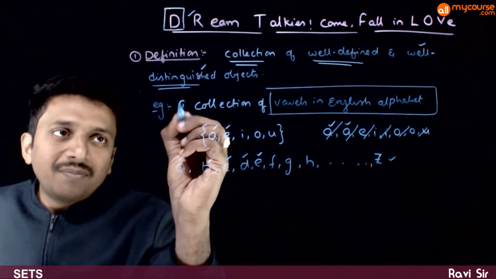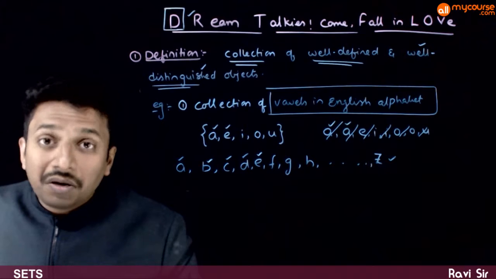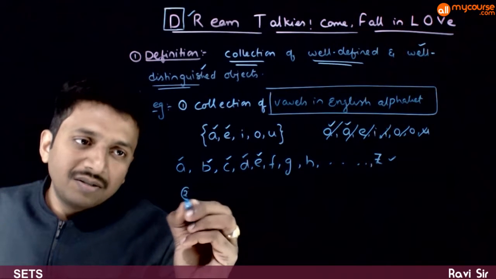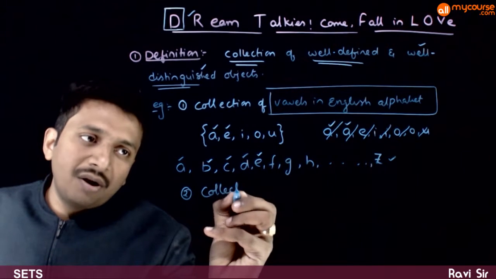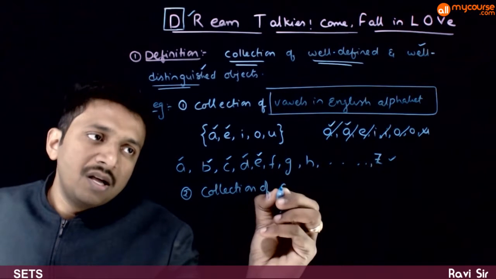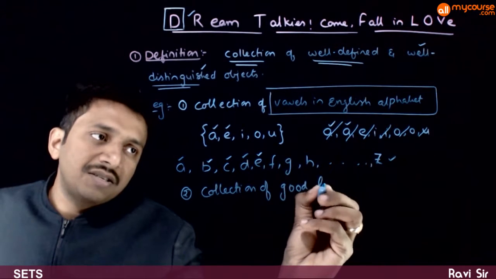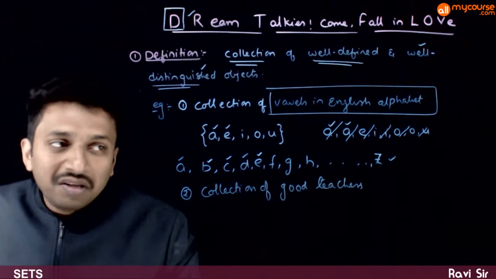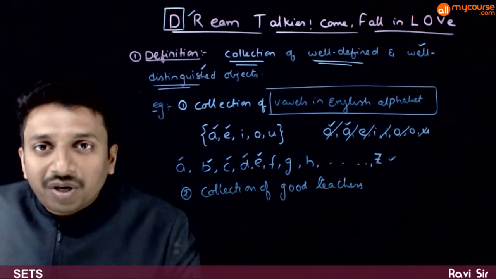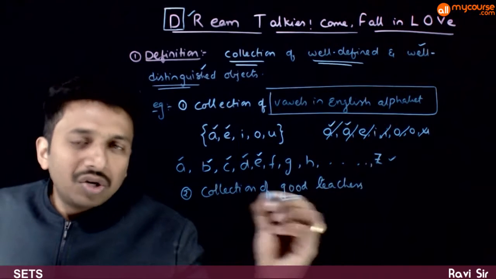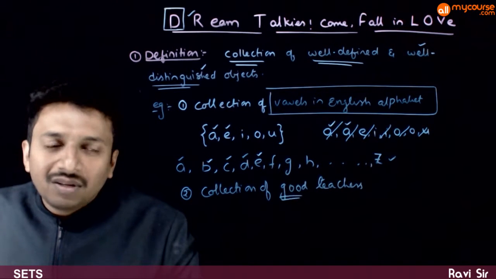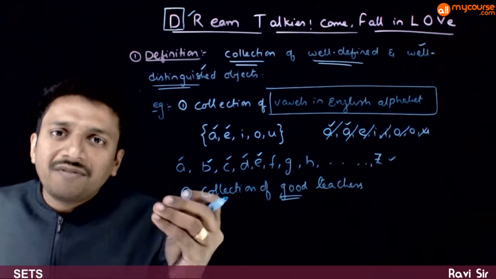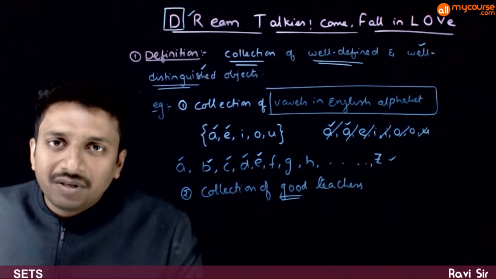So let us take an example where this well-distinguishedness is not getting satisfied. So if I say I want the collection of good teachers, this is not a well-defined property, because good is not a well-defined property. Because some teachers you might feel good and the others might not feel good.